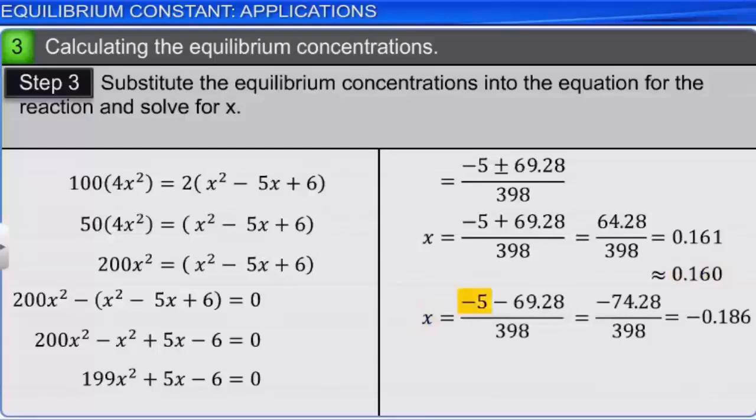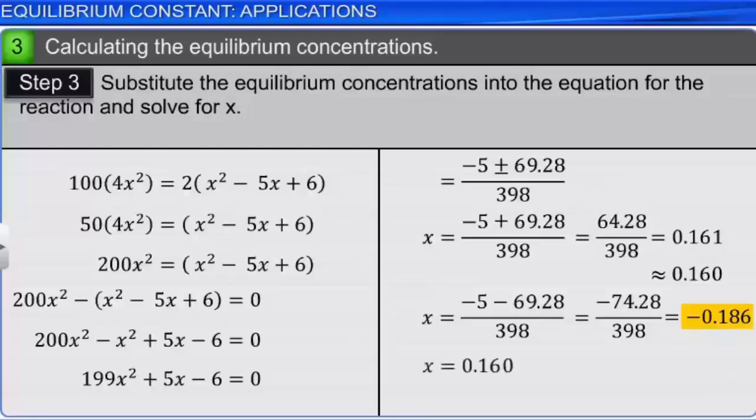This becomes equal to minus 74.28 divided by 398, which is equal to minus 0.186. As concentration cannot have a negative value, it is clear that the correct value of x is 0.160.